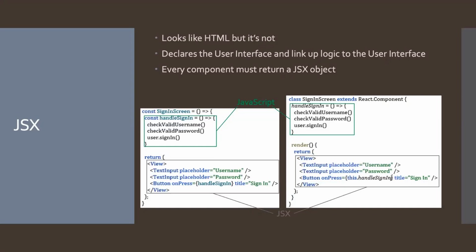But of course, with the new React version, you are actually able to do state management in function components themselves. But for the simplicity of this tutorial, we'll just assume that you can't do state management with function components.